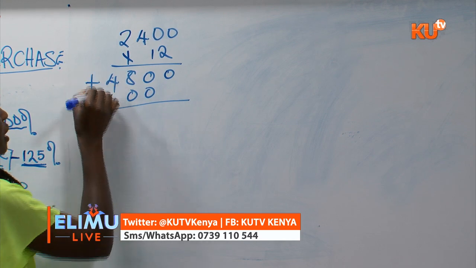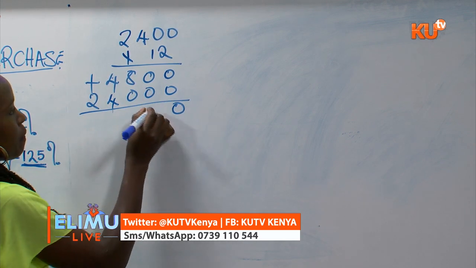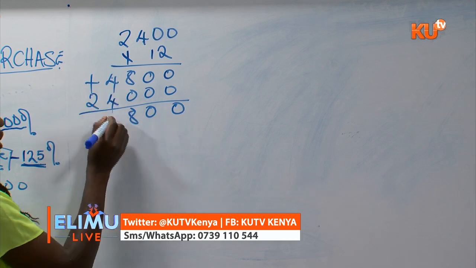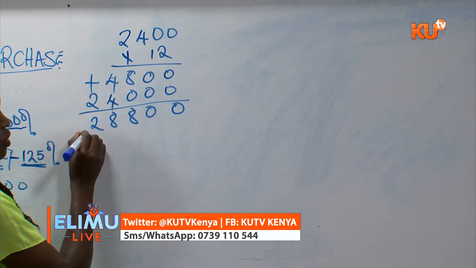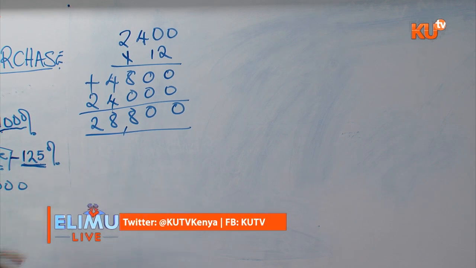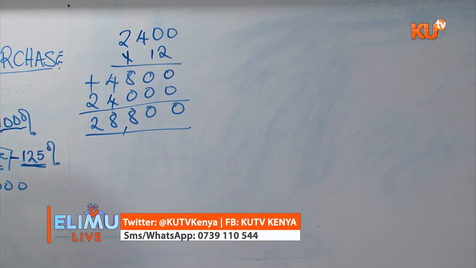We add, 8 plus 0 is 8. So the total monthly installment was 28,800.